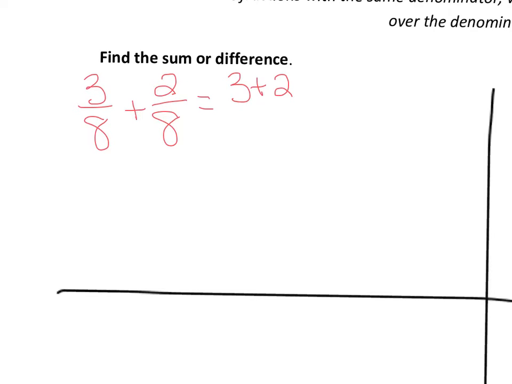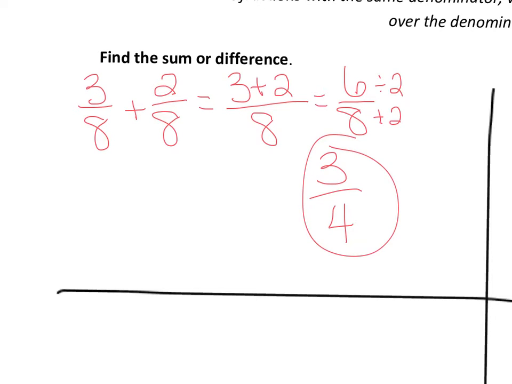So I take 3 plus 2, and you keep the denominator the same. In my numerator, 3 plus 2 gives me 5. The denominator just stays as an 8, but we want to make sure our answer is simplified. So I'm going to divide out a 2 from both of those numbers. My final answer would be 3/4.